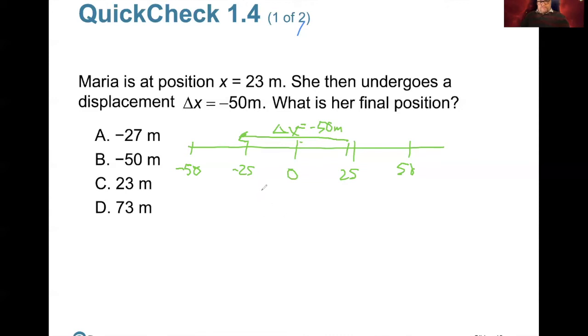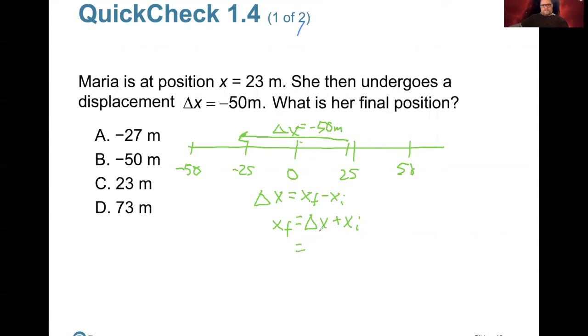So let's write delta x equals x final minus x initial. Okay, so we can just flip this around. We can say x final, it's still positive, no sign change, and delta x goes over here. I'm going to take my x initial and move it to the other side, so this will be plus x initial.